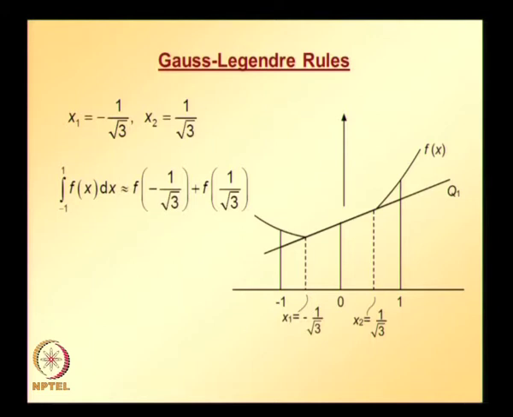So it is basically the function evaluated at minus 1 over root 3 plus the function evaluated at 1 over root 3, and this is what is schematically shown in the figure. The original function f(x) is replaced with a linear function, q1, and the function is evaluated at 2 points x1 and x2.